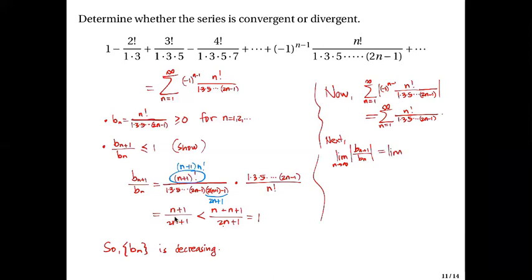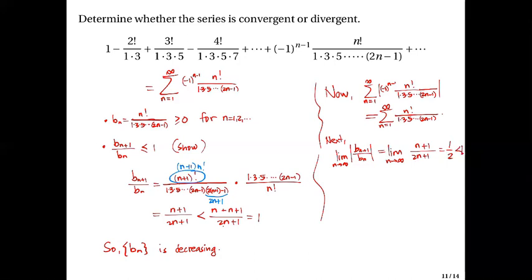So you have the limit as n goes to plus infinity of n plus 1 divided by 2n plus 1. Since you just have a polynomial over polynomial, both of degree 1, we just need the leading coefficients. This is equal to 1/2, which is less than 1.